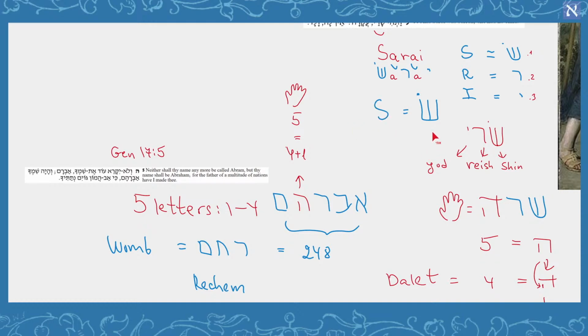So again, let's make another Shin. We call it Shin because we pronounce it like S in English. So let's make another one here.